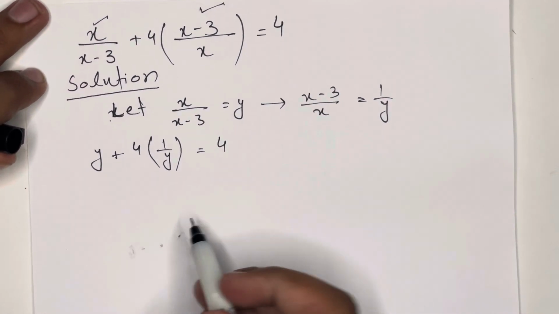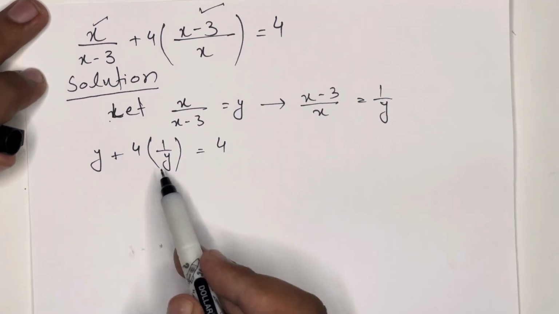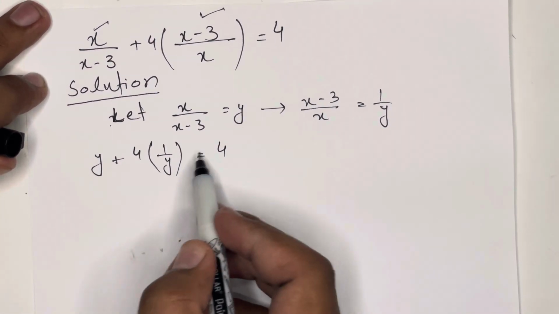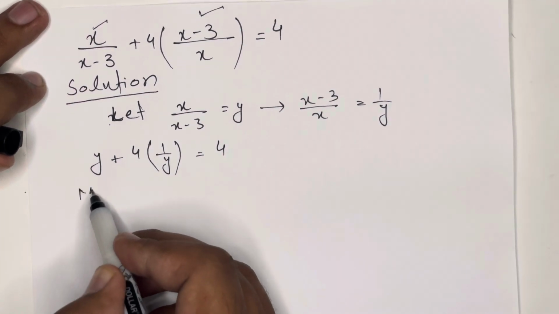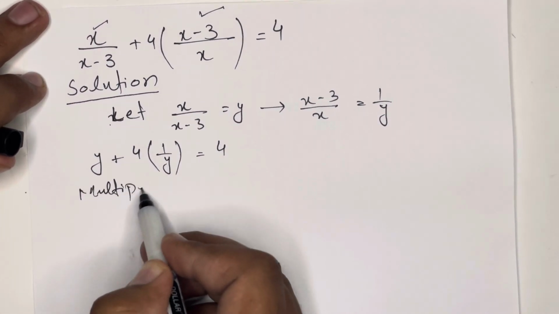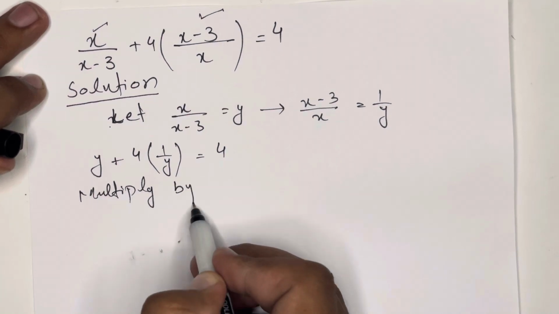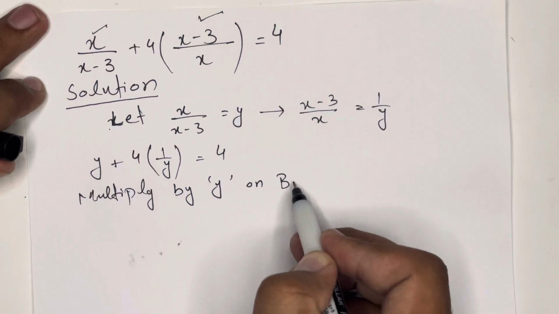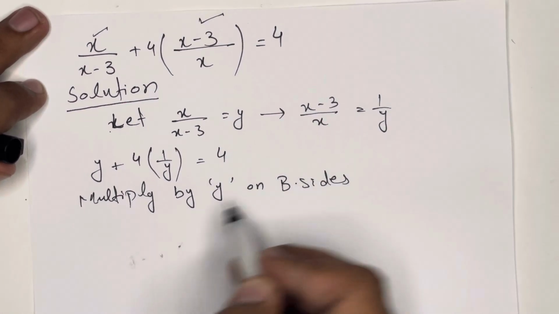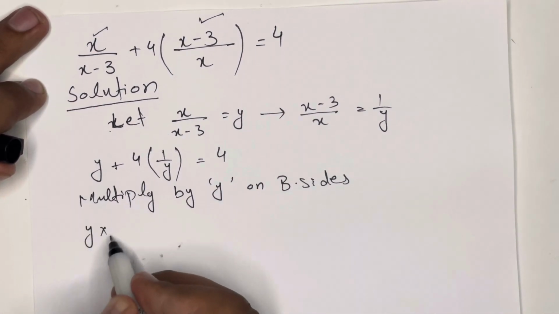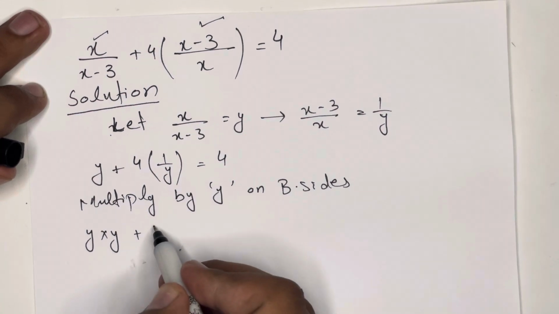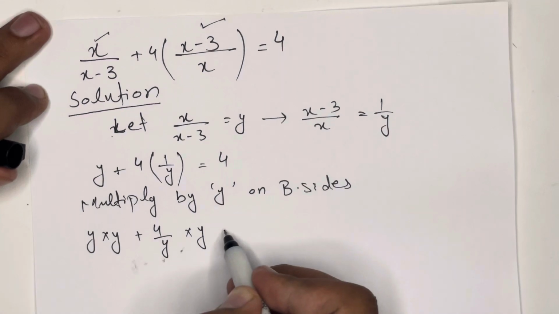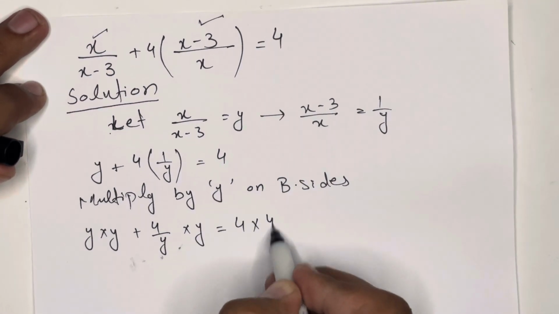Now I am going to take the LCM of these terms. Here I am going to multiply the whole equation by y on both sides, like that: y multiplied by y plus 4 over y multiplied by y equal to 4 multiplied by y.